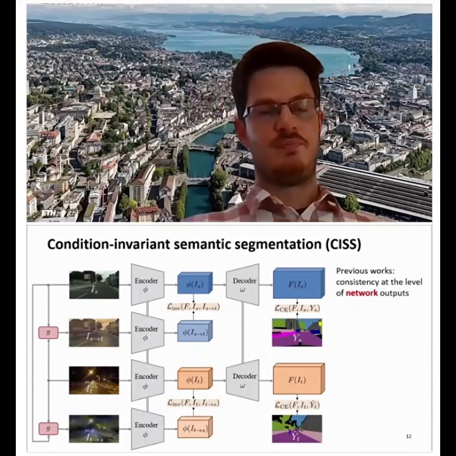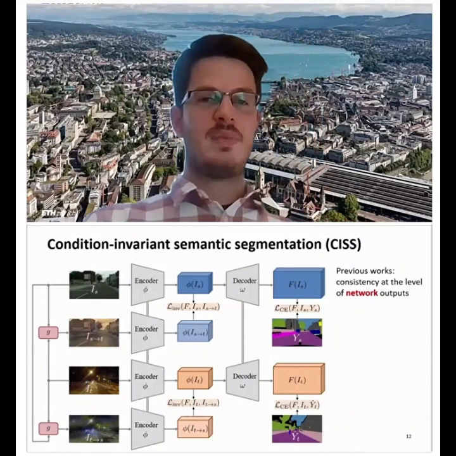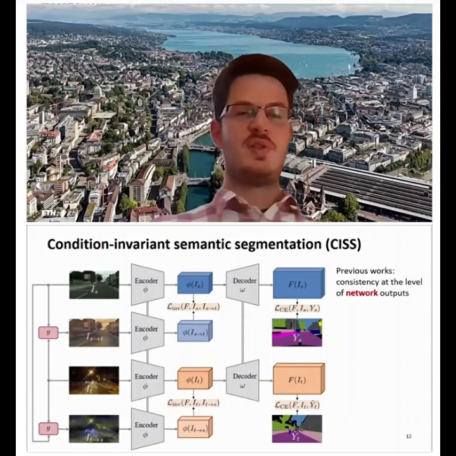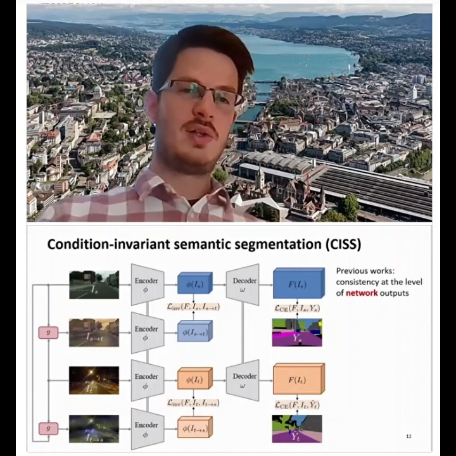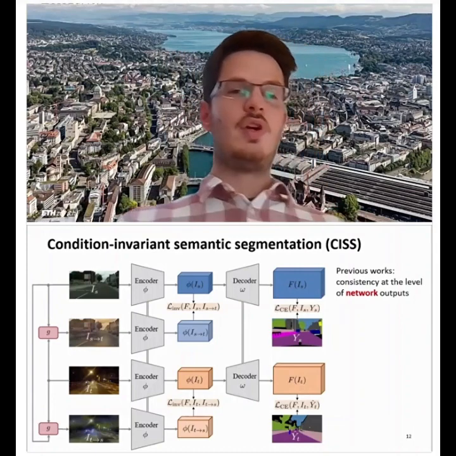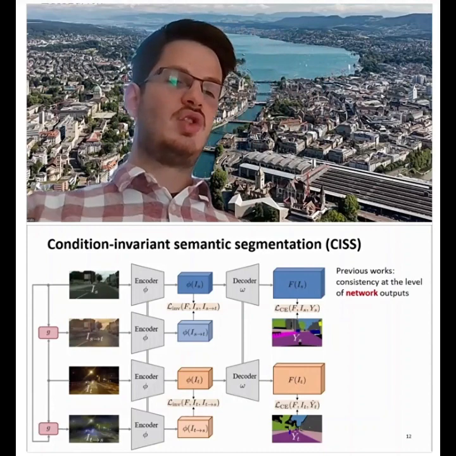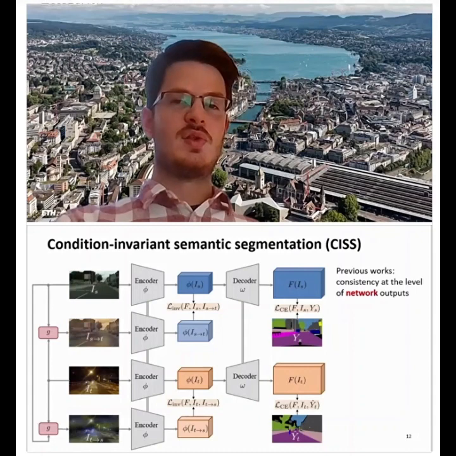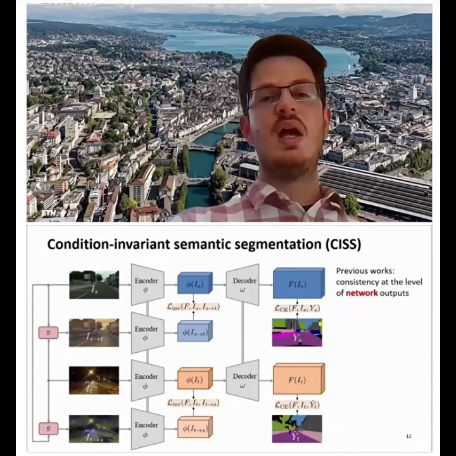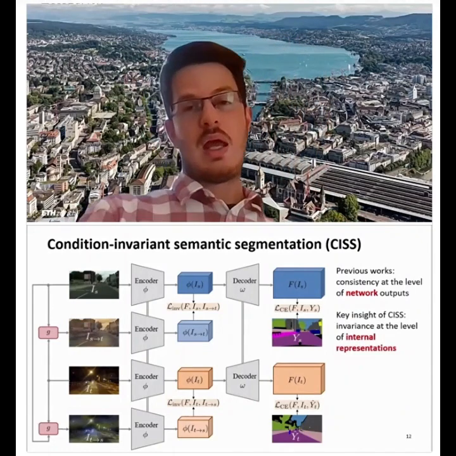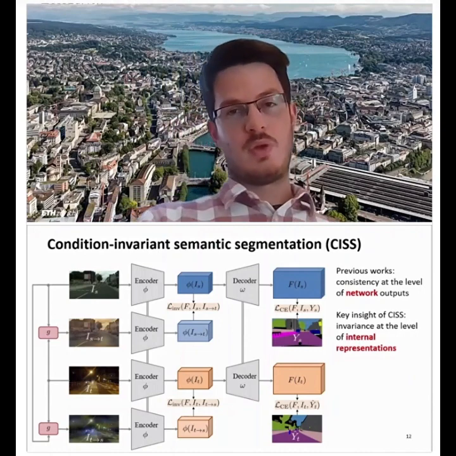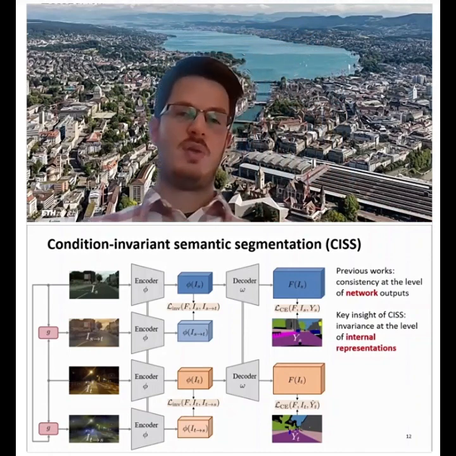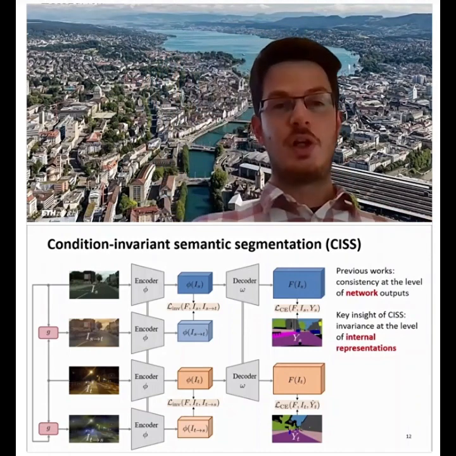of the source image. Now, the idea here is to enforce consistency between the representations that the network learns for the different versions of the same image, where each image has a different style. But previous works almost always consider consistency of these representations at the level of network outputs. And of course, why I'm showing this work is because here we propose to impose invariance at the level of internal representations.